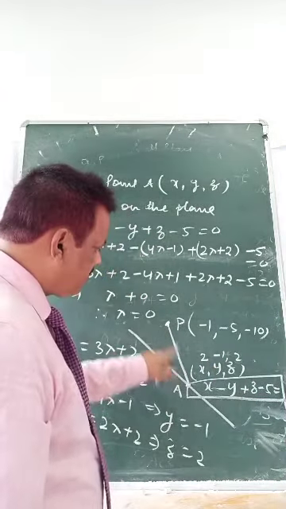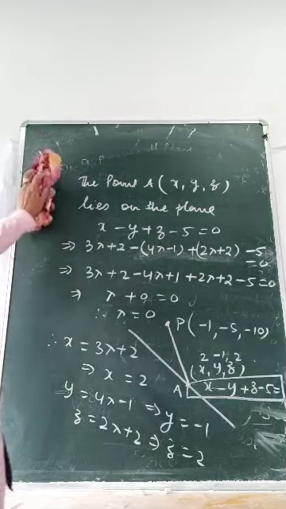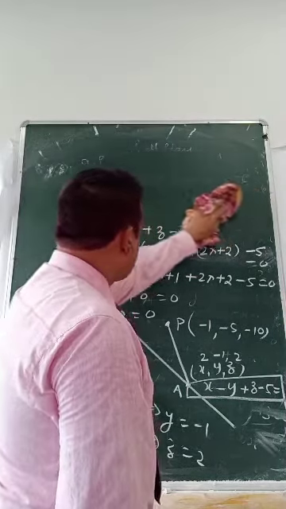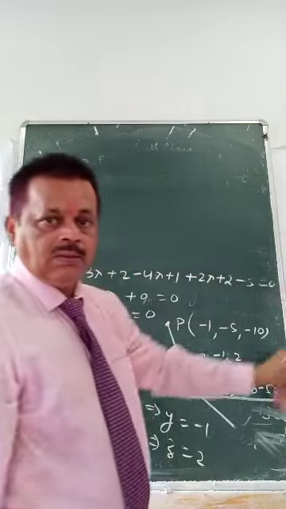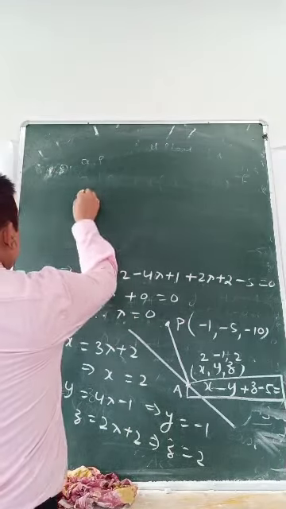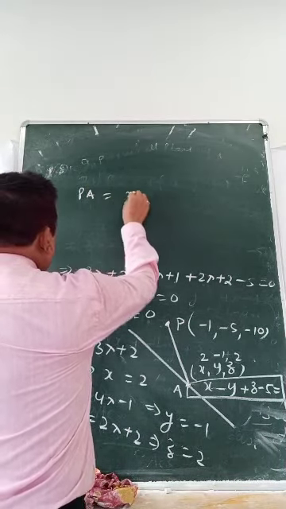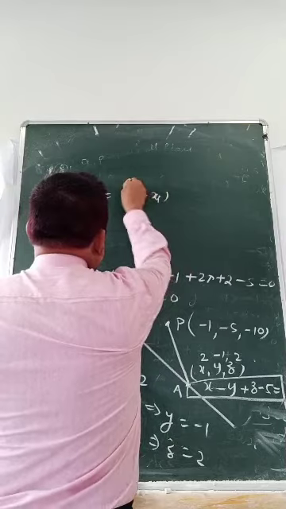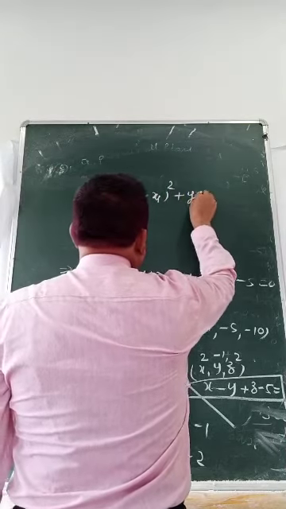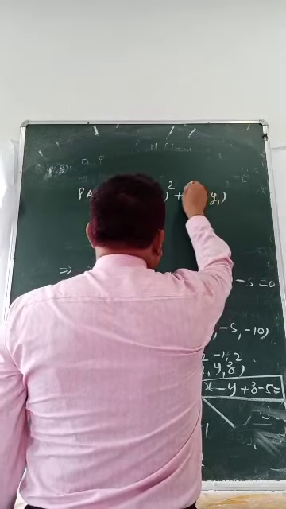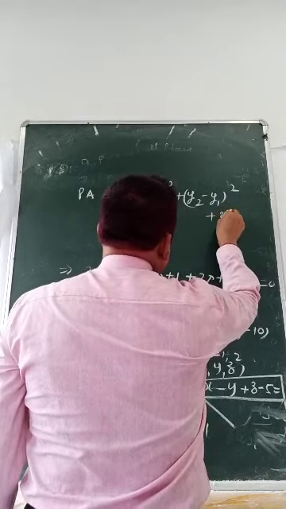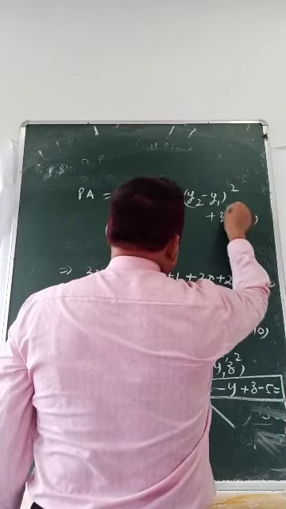Now what is the distance formula? PA distance equals square root of (x2 minus x1) whole square plus (y2 minus y1) whole square plus (z2 minus z1) whole square.